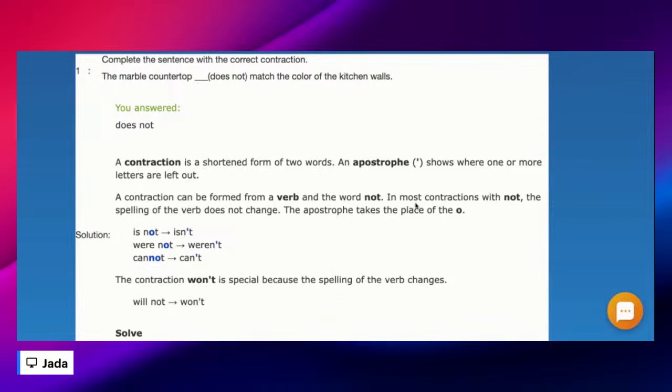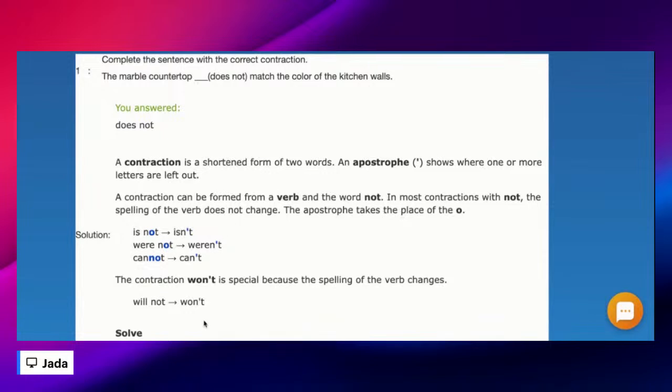The apostrophe takes the place of the O. So you have to take notes. If the contraction comes with not, which is the negative, the spelling of the verb does not change. The apostrophe takes the place of the O. So wherever you're supposed to have the O in that word, the apostrophe will replace it.